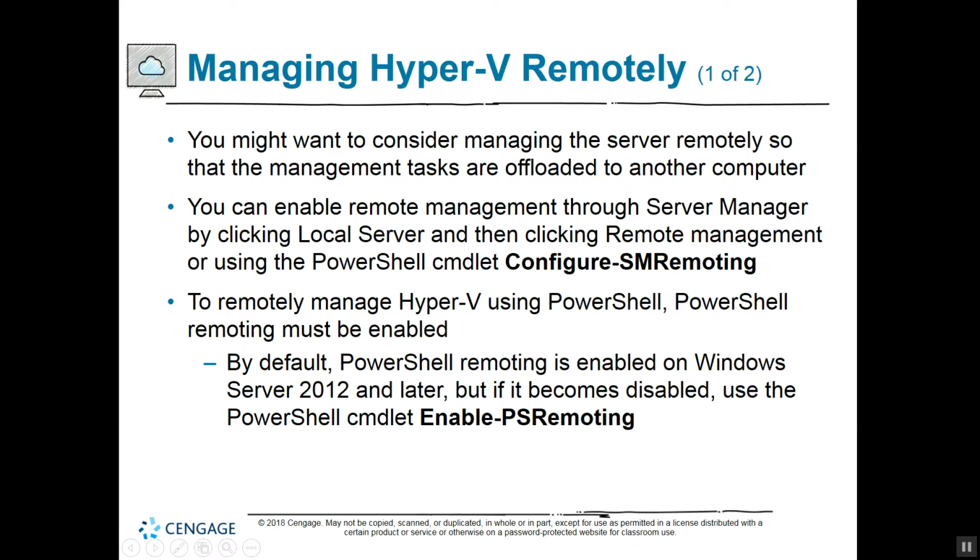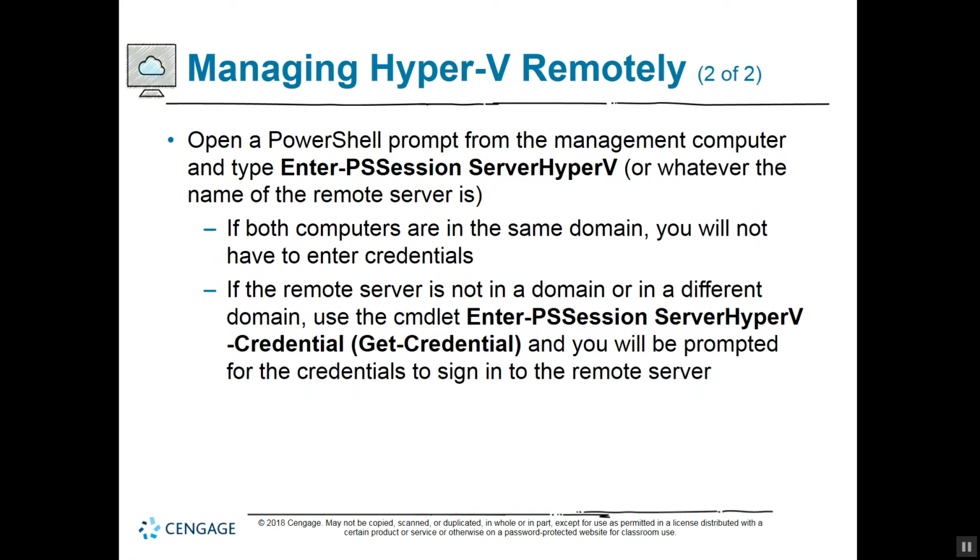And if it has been disabled, you can use the cmdlet Enable-PSRemoting to kick it back on again. Now, at a PowerShell prompt, type Enter-PSSession and then the name of the remote Hyper-V server, whatever that remote server is named.